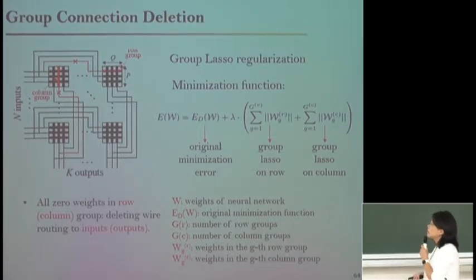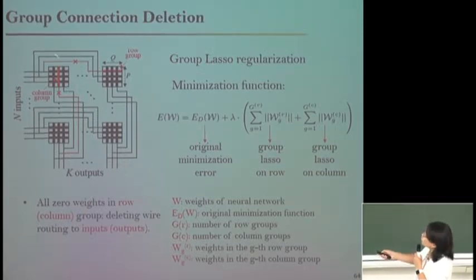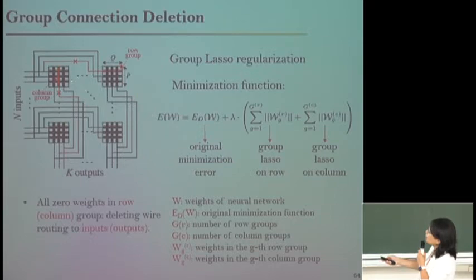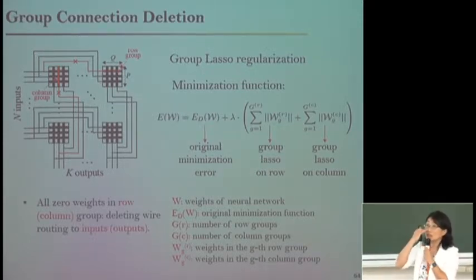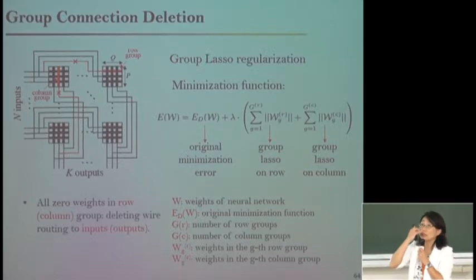So the observation is, okay, instead of talking about connection cutting itself, we think about the groups, the column groups. If in one row or one column, all weights are zeros, then basically the calculation of this row or column is not important. Then we can actually delete the corresponding connections, right?